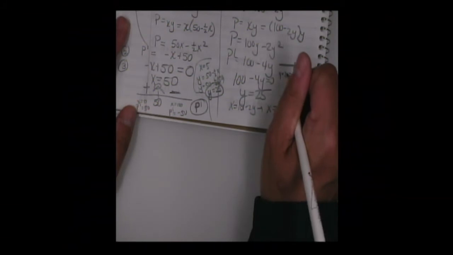We pick our favorite numbers before and after. So maybe we pick y is 24 and y is 26, if you want to pick something a little closer. And again, you'll still get a positive and a negative. Still a max. That's good. That's what we want to happen.